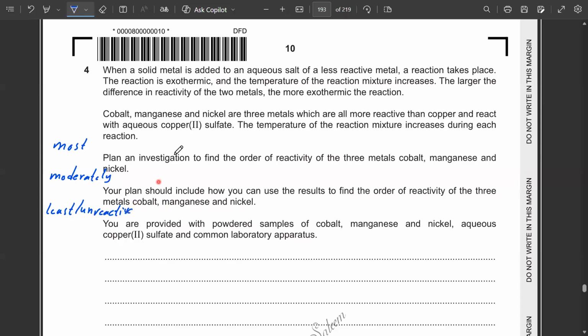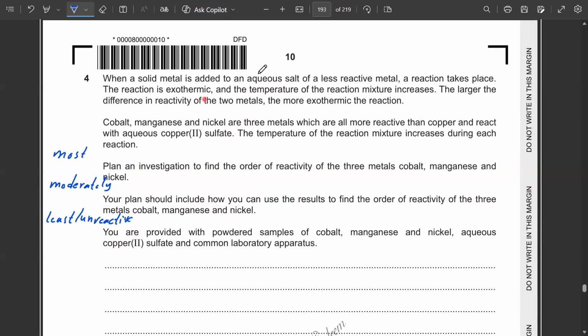Now here in this experiment, you are supposed to identify that these three metals, cobalt, manganese, and nickel, are more reactive than copper.